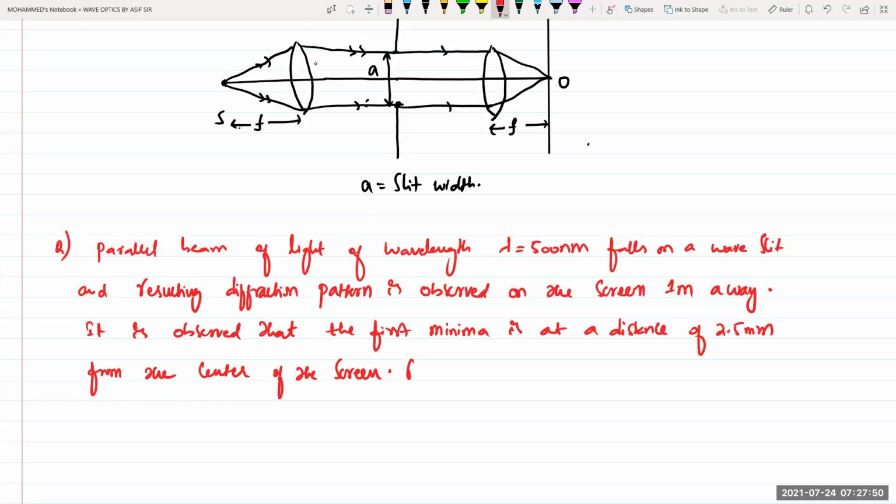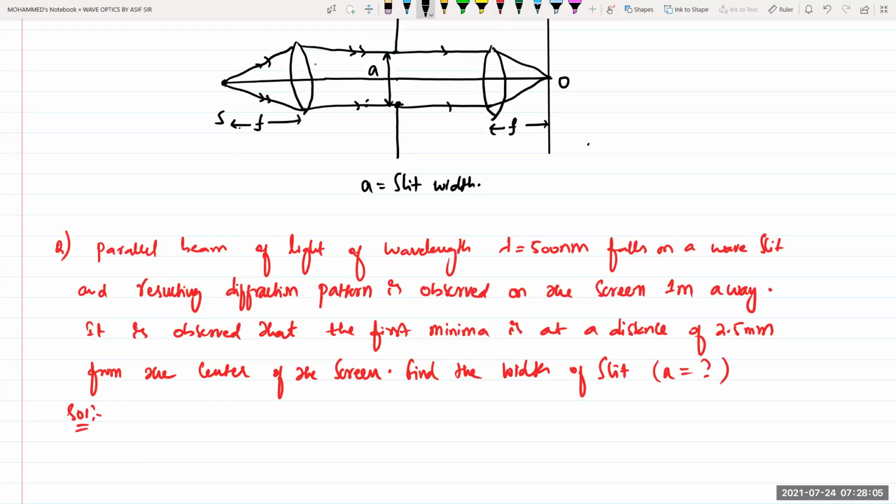Find the width of the slit. What is the value of A? Can anyone try?